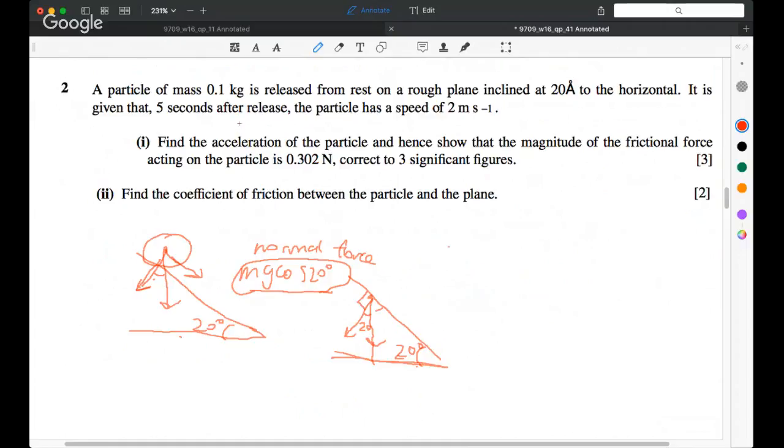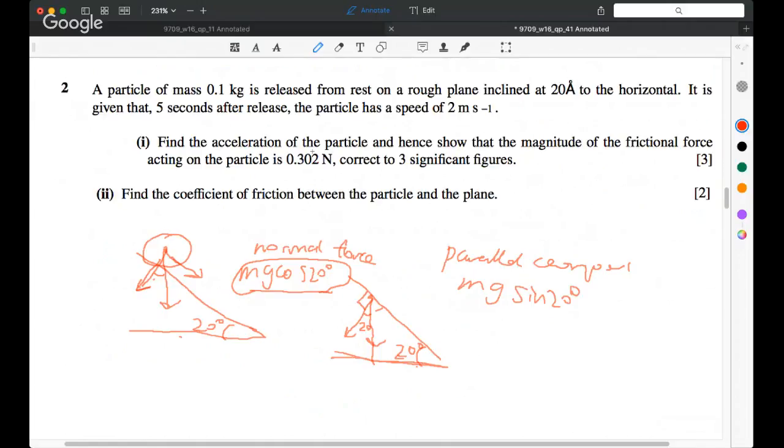So that's the parallel component, which is mg sin 20. Okay.